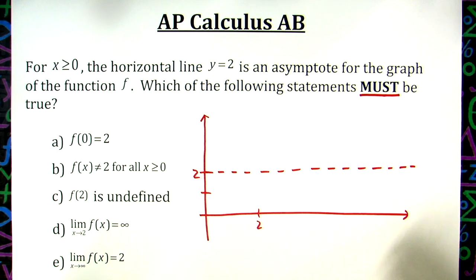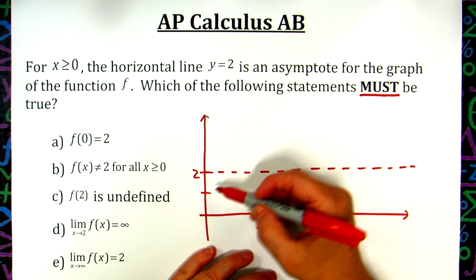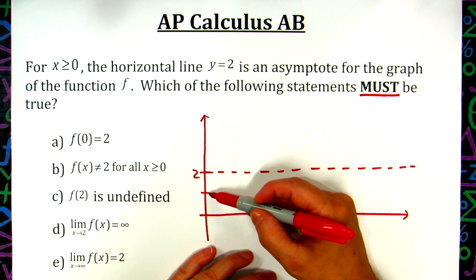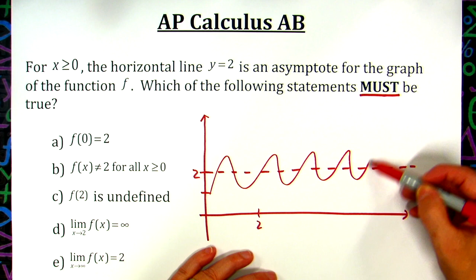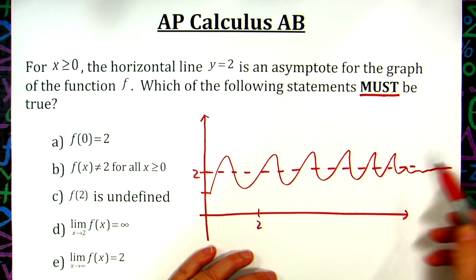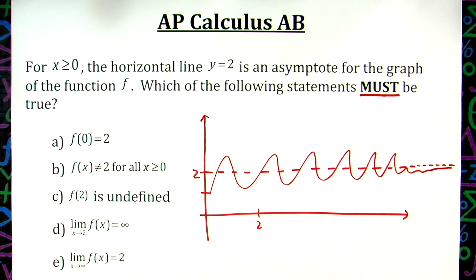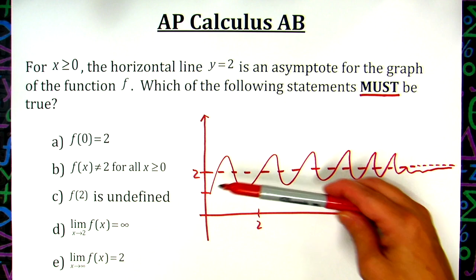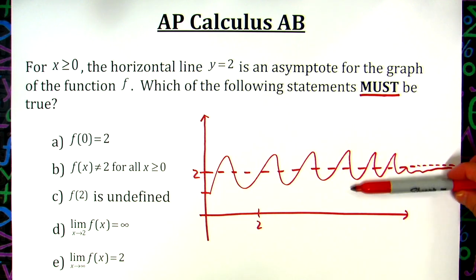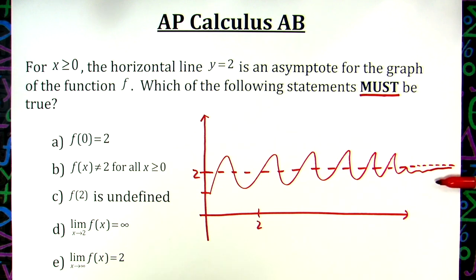My hand drawing is probably not going to be the best, but this could be some function that oscillates around the horizontal asymptote, and then as x approaches infinity, it gets infinitely close to it, to where it settles down and just approaches there.